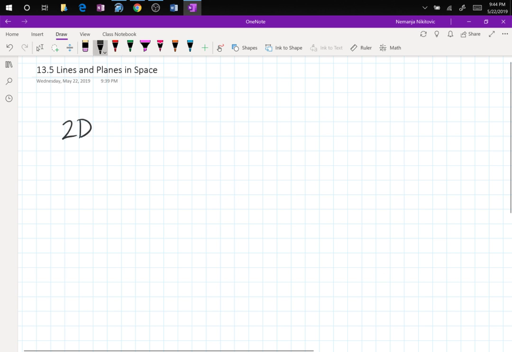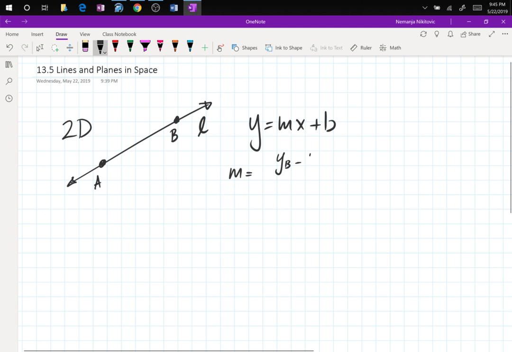Your 2D case was the straight line y equals mx plus b, and the way to deal with the line, you had 2 points, let's say point A and point B. So what you did is you figured out the slope m, having yb minus ya divided by xb minus xa, and the slope was measuring the steepness of the line. So that was your 2D.